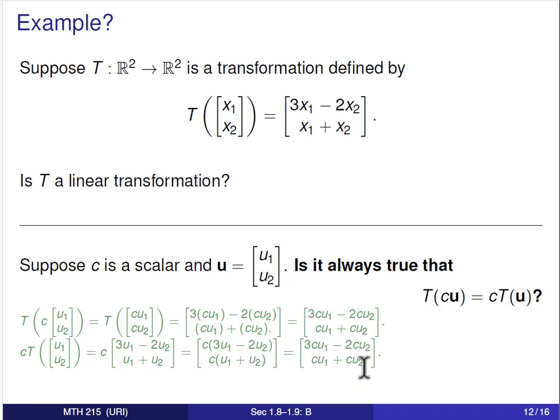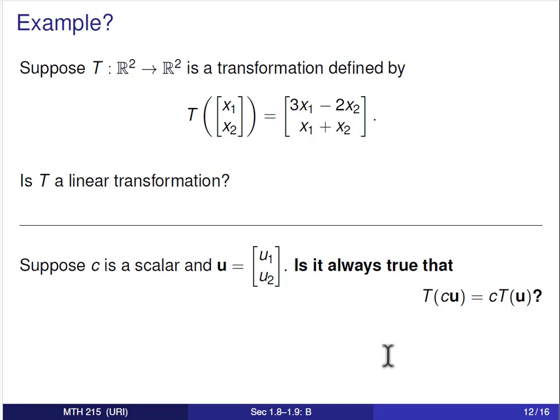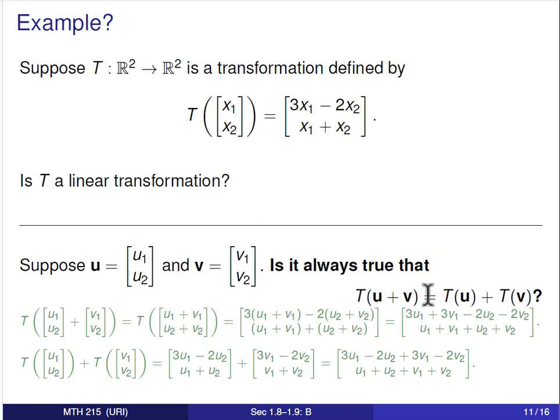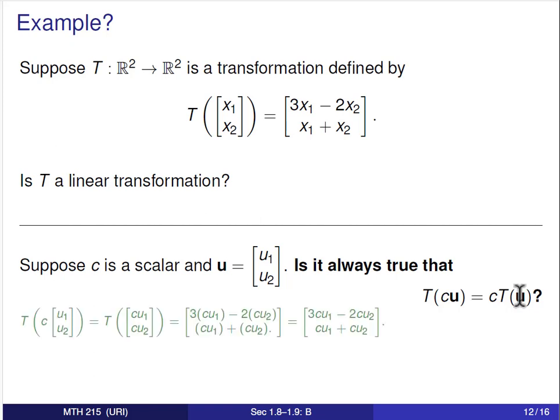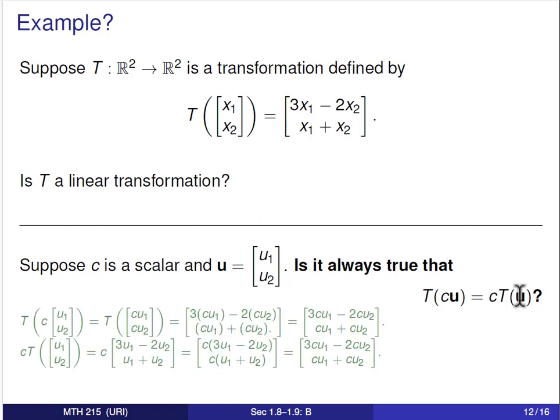Are these two quantities the same? And they are indeed, as you take a look at that. So since we've shown that both T of u plus v equals T of u plus T of v and T of cu equals c times T of u, we've checked both of the conditions for T to be a linear transformation, and it passes both of those conditions. So yes, T is a linear transformation.